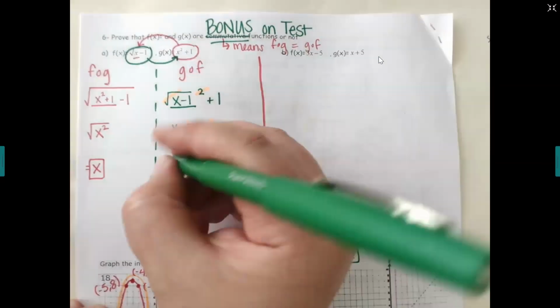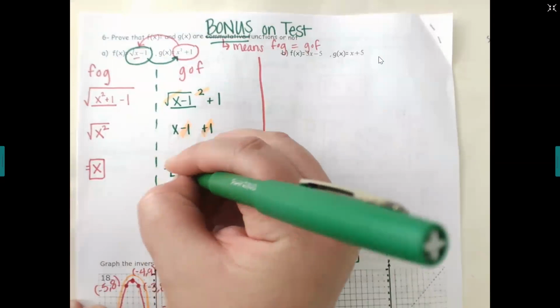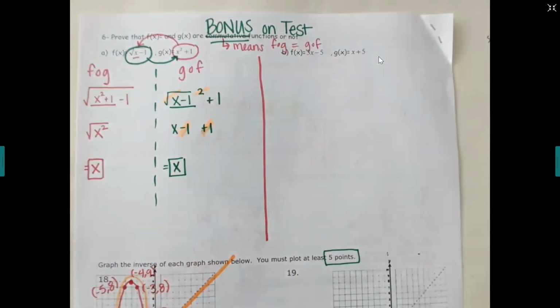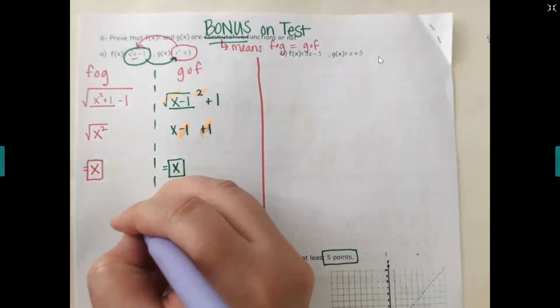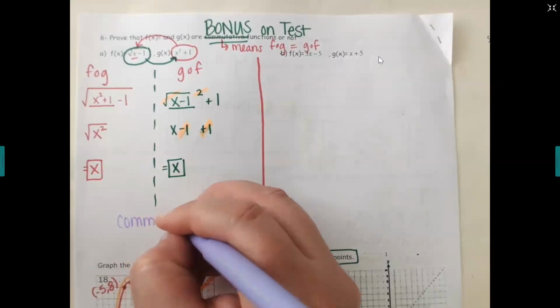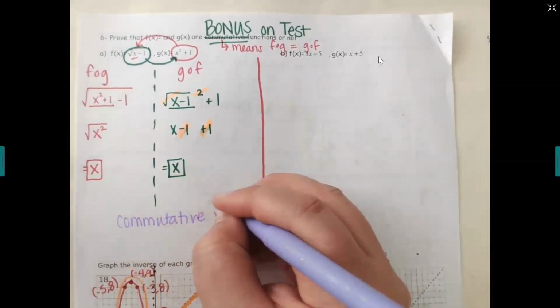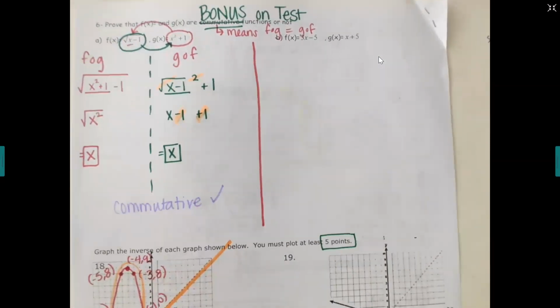What's our final answer? x. Okay, since they both came out to the same thing, you would say that those are commutative, because it came out the same. Versus if they had come out to different things, then you would say they're not commutative.